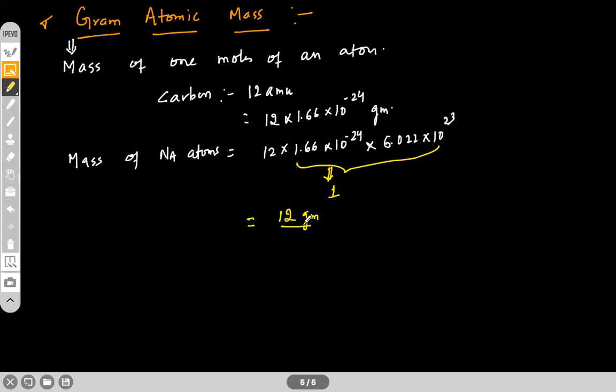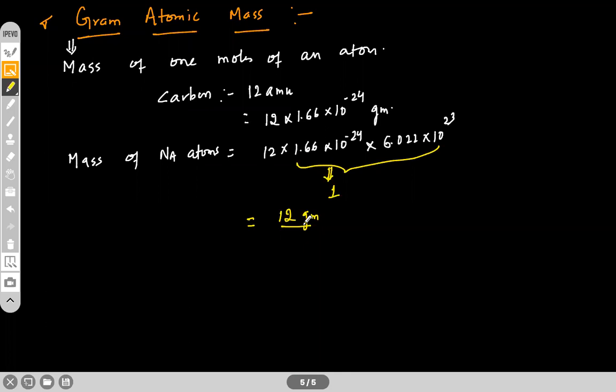If I ask you atomic mass, your answer should be in AMU: 12 AMU, 14 AMU, 16 AMU. But gram atomic mass must be in gram: 12 gram, 14 gram, 16 gram. But to solve questions, we consider both the same. Usually we say the atomic mass of carbon is 12 gram, we don't write 12 AMU. So for solving questions you can take them as similar, but there is a small difference between the two. Okay, copy this down.